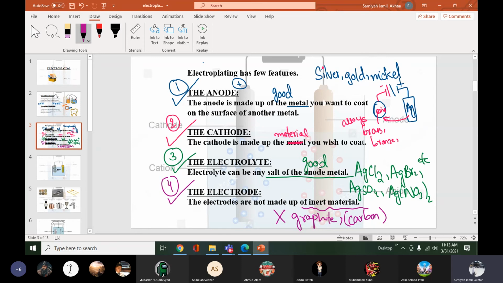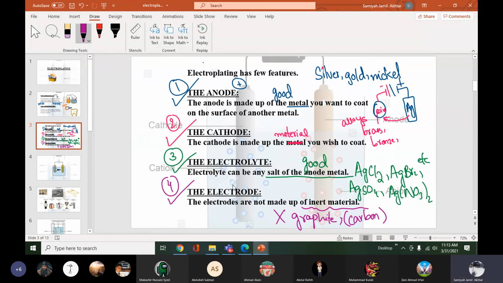We will always take reactive metals. Some metals like gold, silver, platinum are very less reactive, but they are reactive. We cannot say they have no reactivity at all. So we will not take completely inert material; electrodes are made up of some reactive material.